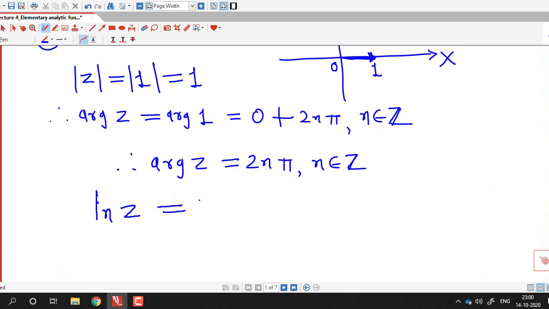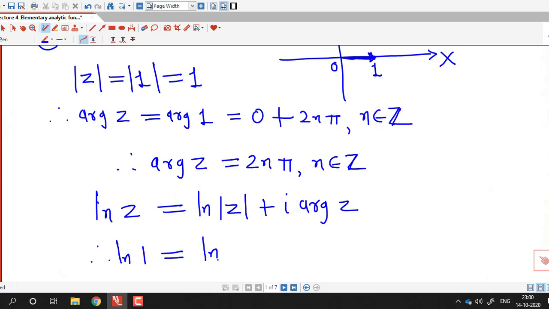By definition, ln z is ln mod z plus i into argument of z. Here z is 1, so the modulus of 1 is 1 and the argument of z is 2n pi, so we write i into 2n pi.